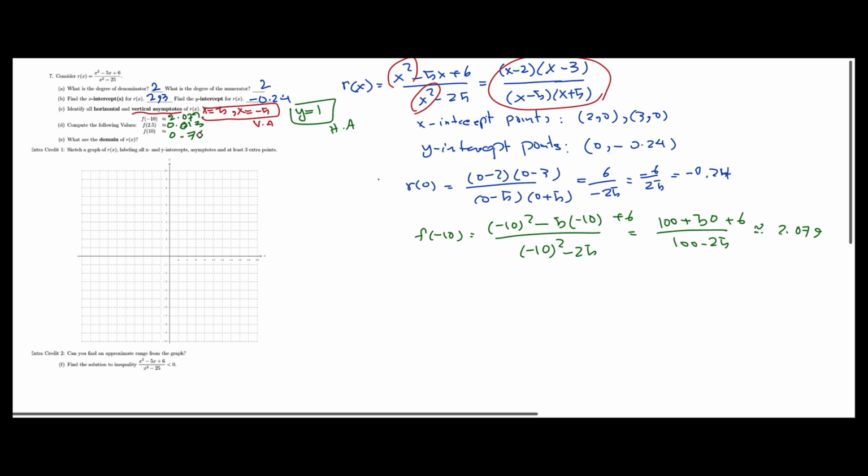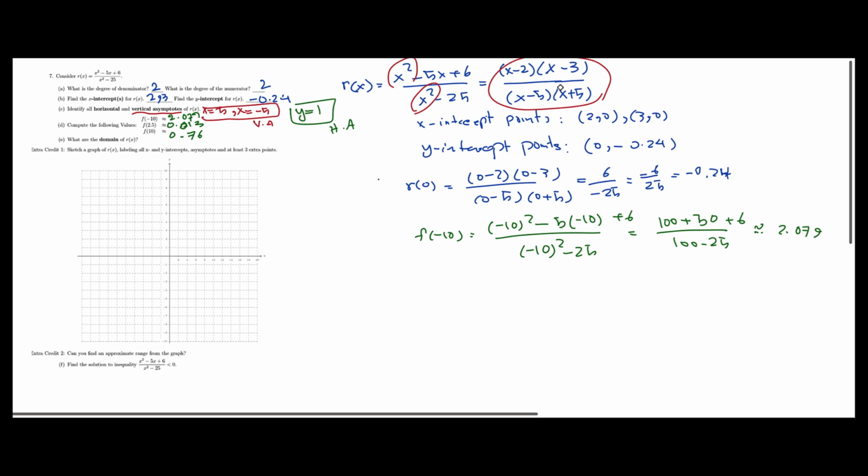And then the last thing that it's asking before extra credit comes in is to find the domain of r of x. Rational functions are not defined at the zeros of the denominator.